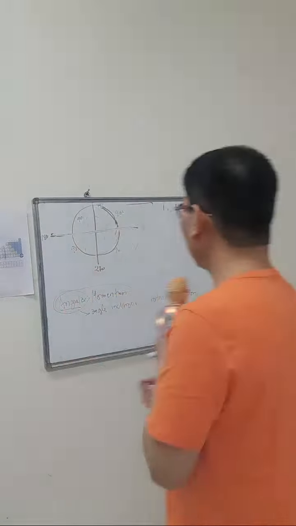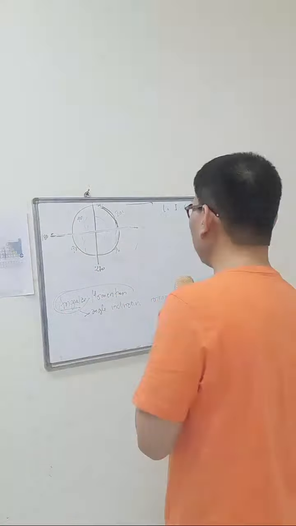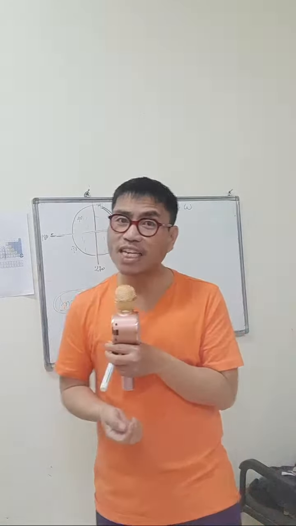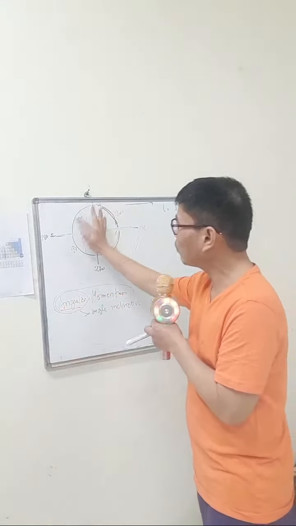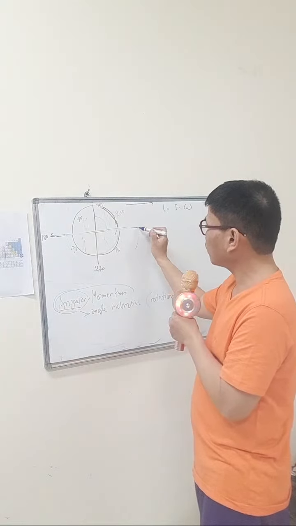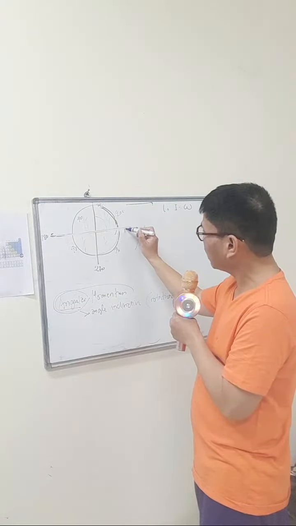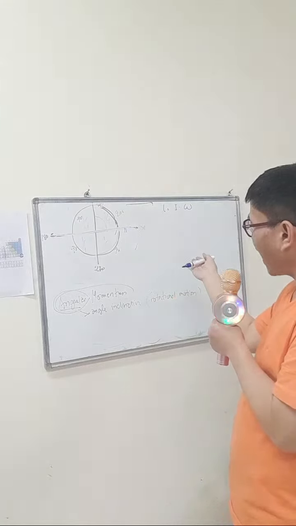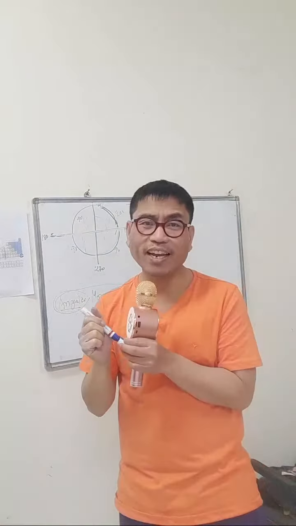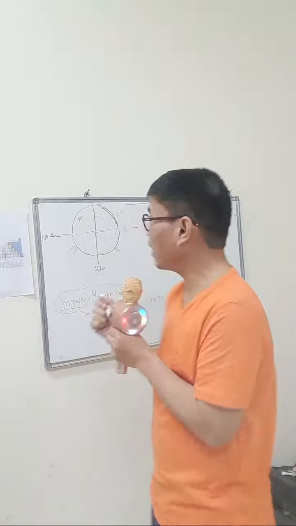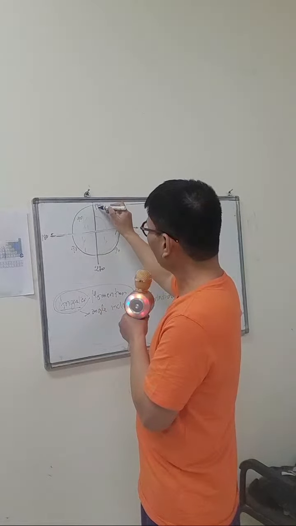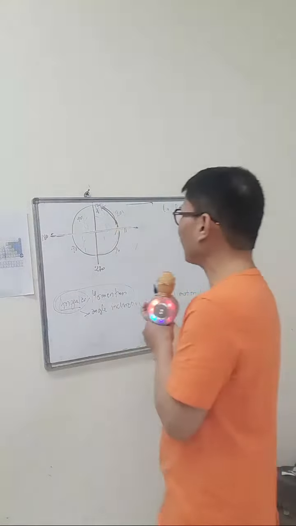The unit of angular velocity is not the same as linear velocity. It is radians per second, because as we go into trigonometry, at 0 angle we have 0, then 90 degrees becomes 1/4 pi, something like that, correct me if I'm wrong.